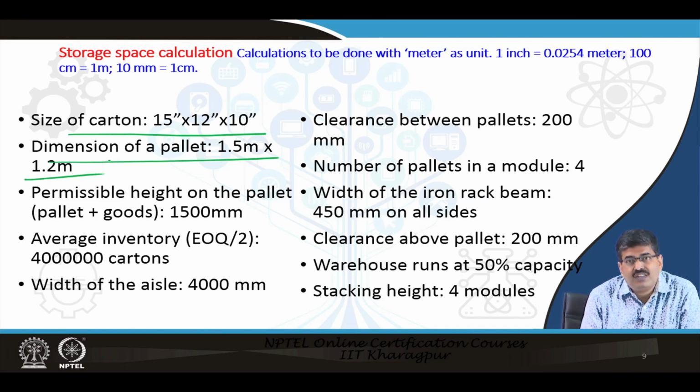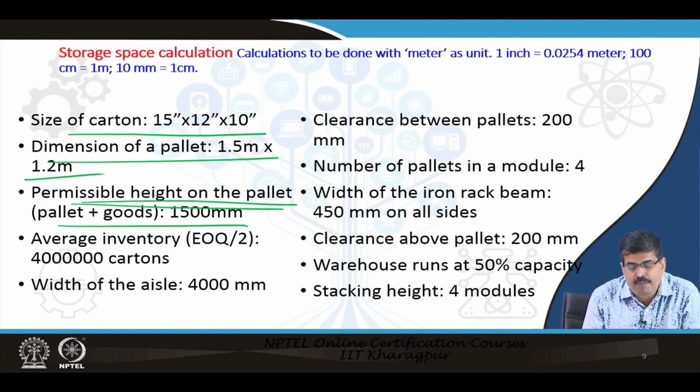So, the number of cartons should be the area or the volume, whatever that should be. Permissible height on the pallet, pallet plus goods is 1500 mm, right. So, the volume of the pallet, number of cartons that can go in that volume, very simple now.